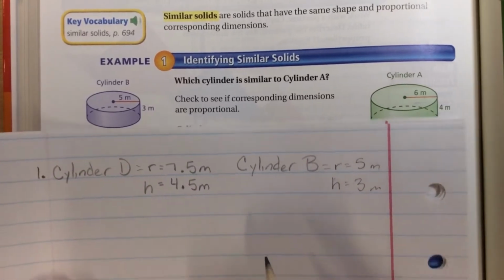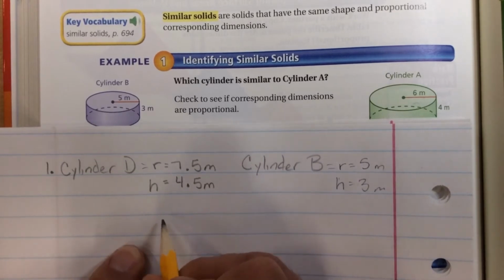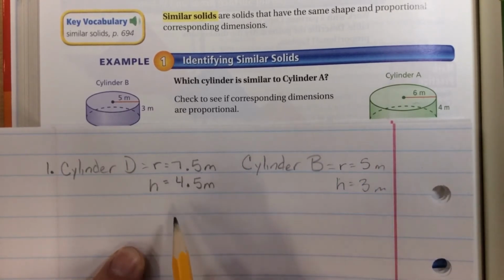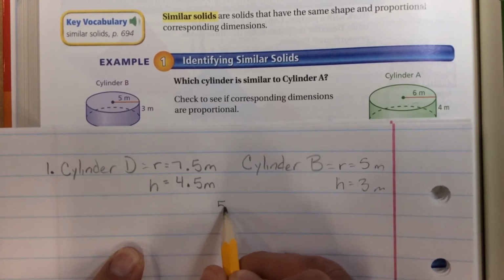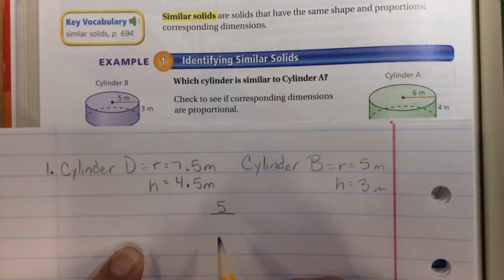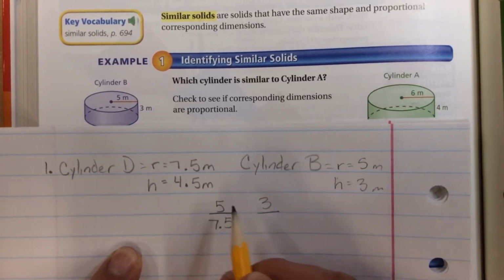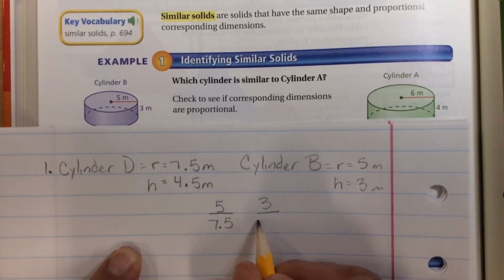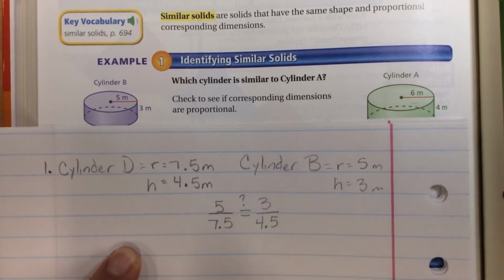So we'll set up a proportion. I'm going to put cylinder B on top because it's the smaller of the dimensions here. So I'll put the radius of B over the radius of D, and the height of B over the height of D. And now we're wondering, are these proportional?